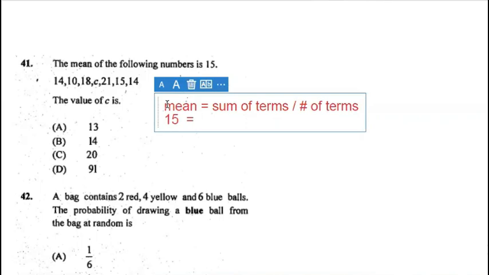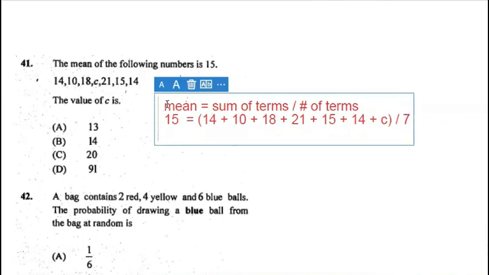So we're adding 14 plus 10 plus 18 plus 21 plus 15 plus 14 plus C, and all of that is divided by 7. So therefore 15 is equal to, when you do that addition you will get 92. So it is 92 plus C, and all of that is divided by 7.